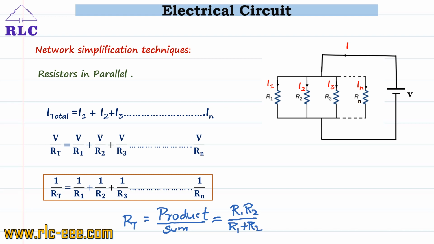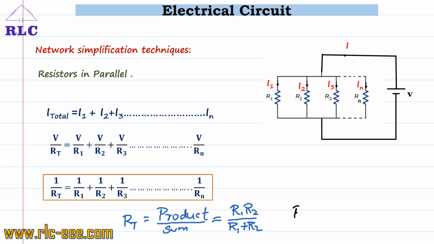Suppose we have a number of resistors. If you have two, we can write like this. If you have three resistances, we have one more formula. The formula is the same, product divided by sum, but the way of writing is different.